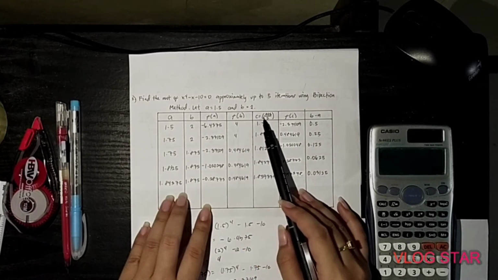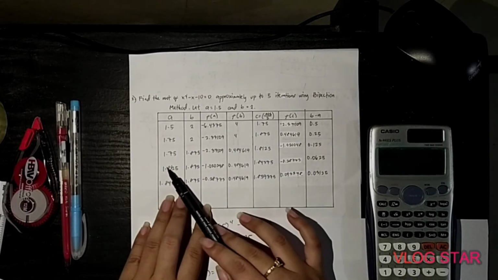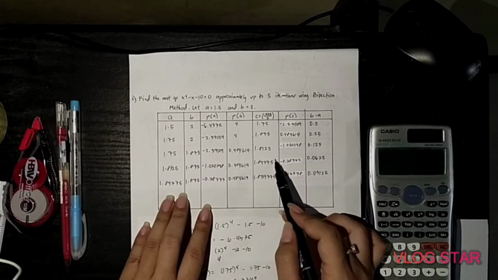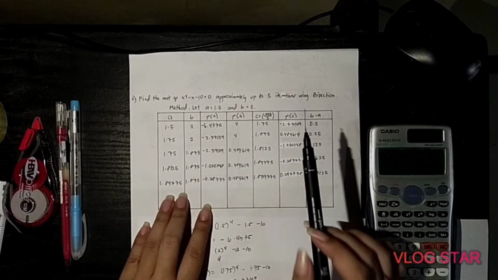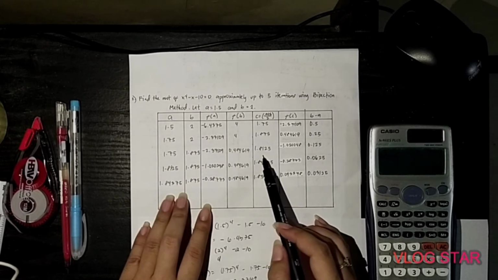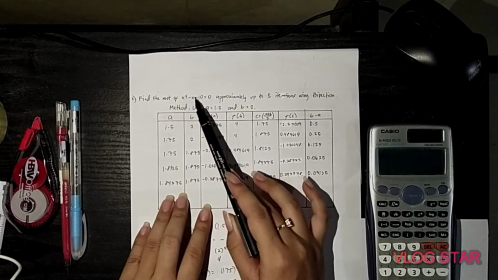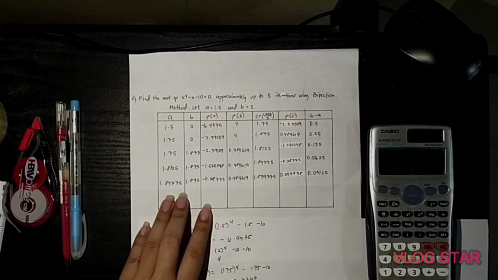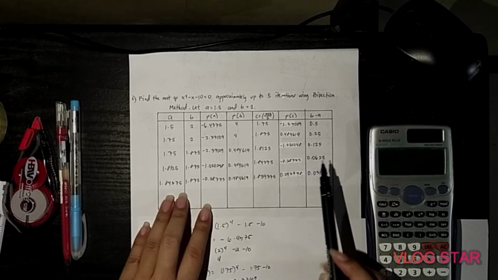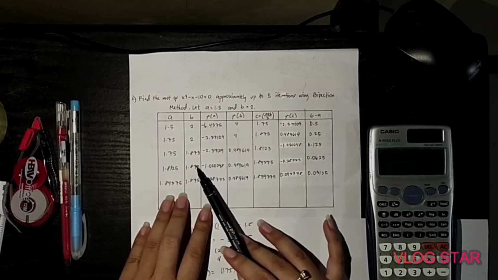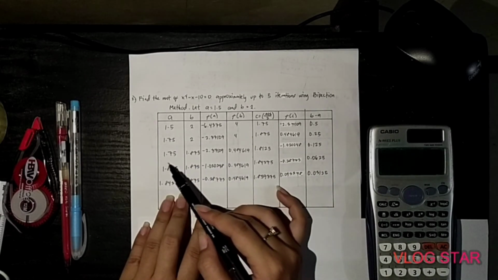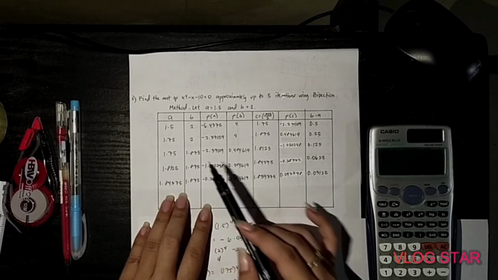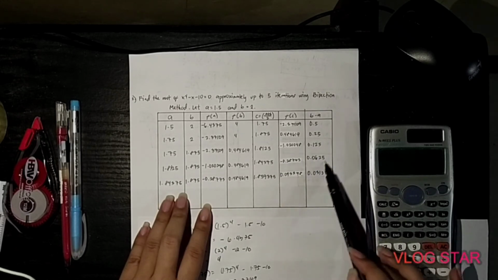And for the c, add this 2 and divide by 2, you're going to have this one. And if we're going to substitute the value of c to the value of x here in the function, you're going to get this negative 0.028773. And if we're going to find the difference between b and a, just subtract this one from 1.875. So we're going to have this.